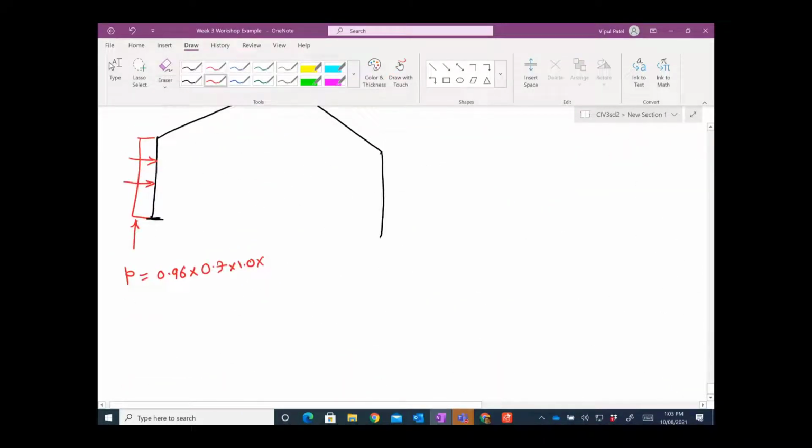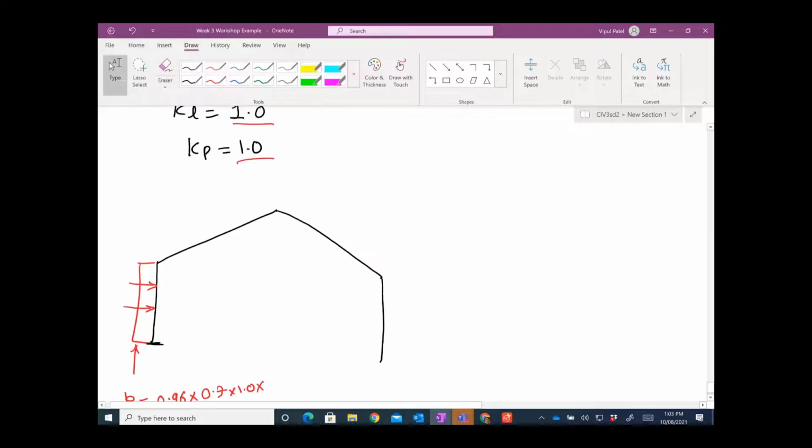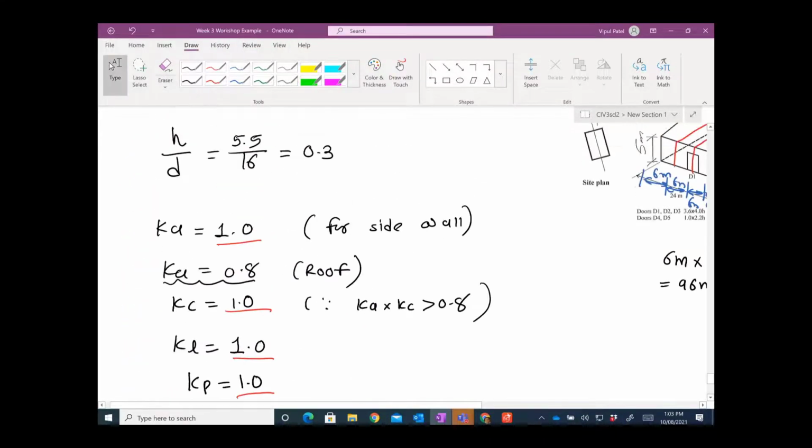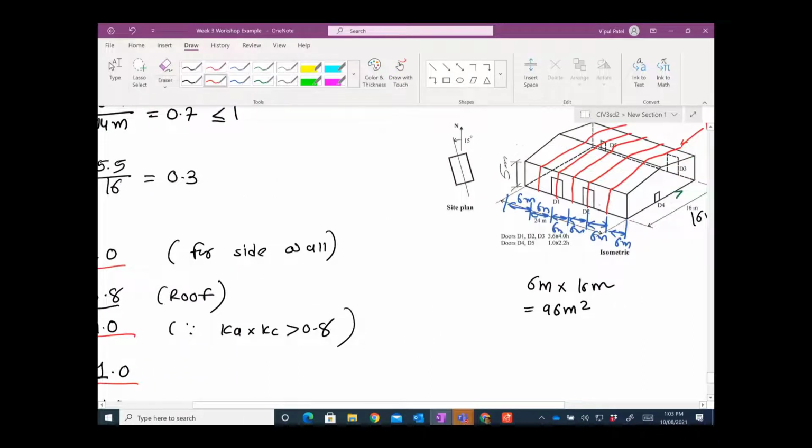And then times by, we have a portal frame at 6 meters spacing. By the way, this is pressure. If I want to calculate the pressure, 0.96 times 0.7, you have 0.67 kilopascals pressure coming onto the windward wall. Now we want to calculate the UDL load coming onto that wall, so you multiply by this 6 meters, right?